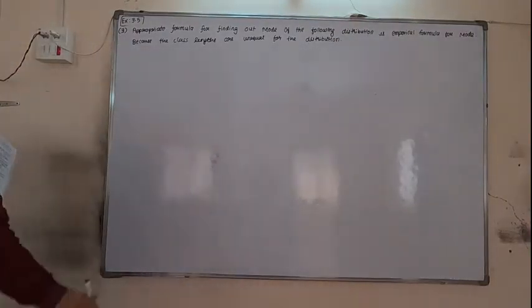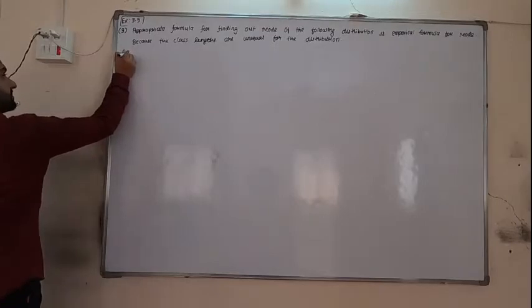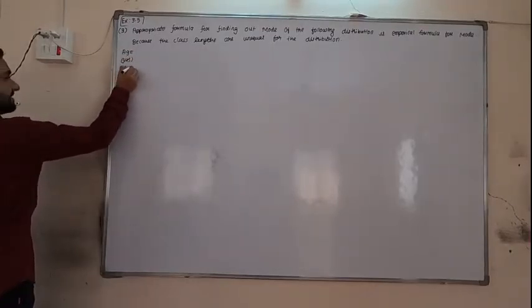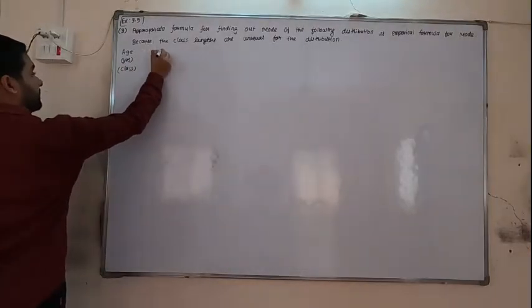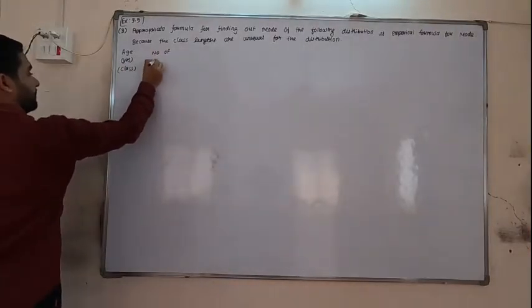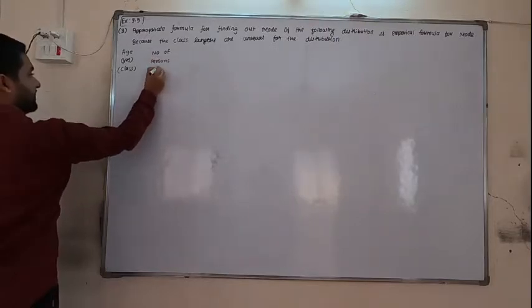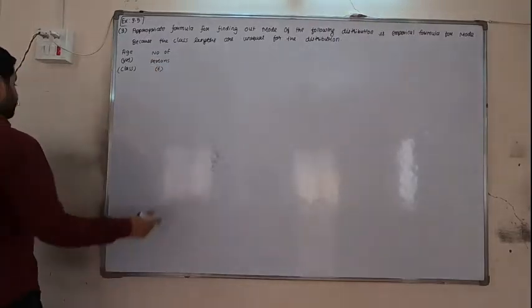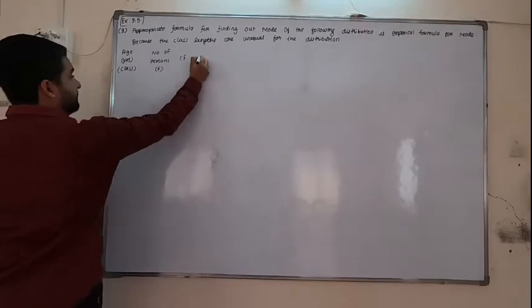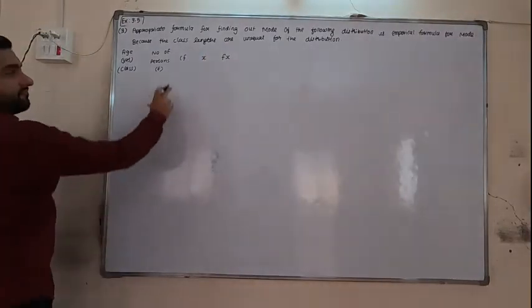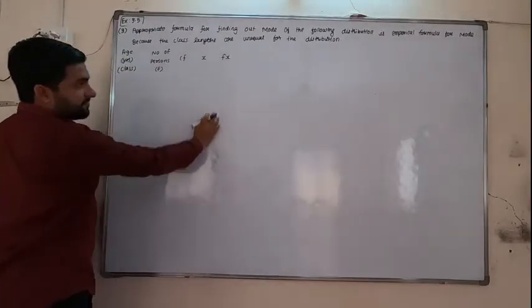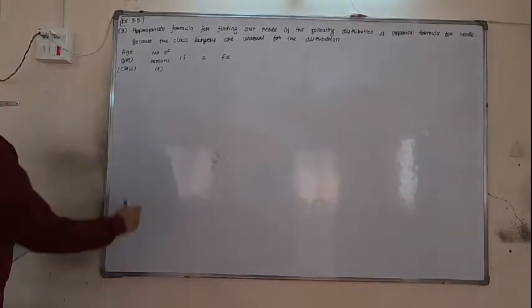Now we are drawing the columns. Age in years, that is the class. Number of persons, that is frequency F. We need CF, we need X, and we need Fx. CF for the median, X and Fx for the mean.